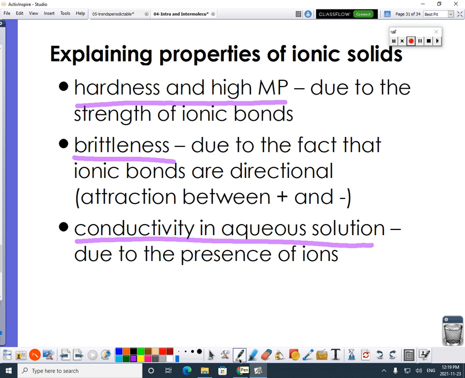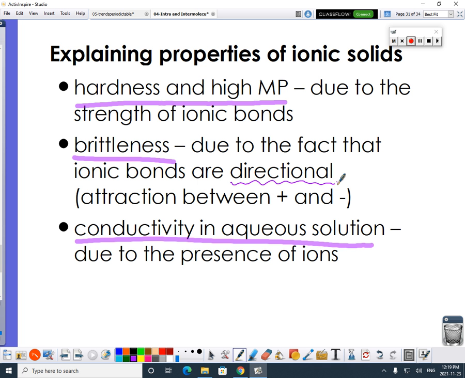Okay, so they are very hard, with a very high melting point, because ionic bonds are so strong. They are very brittle. This word here, directional, is definitely a word your textbook uses. If something is brittle, it means that it doesn't bend, it's not really flexible.